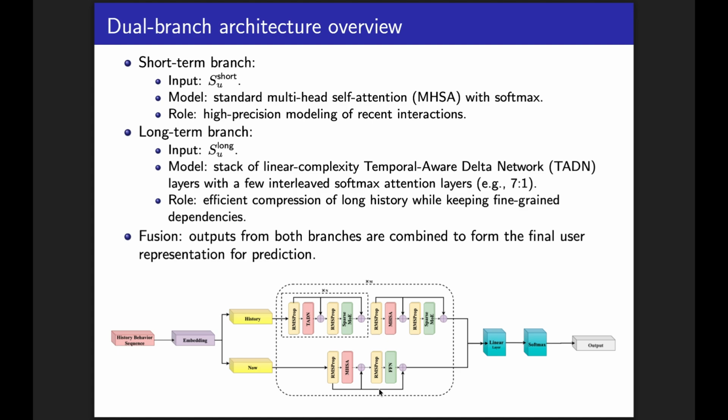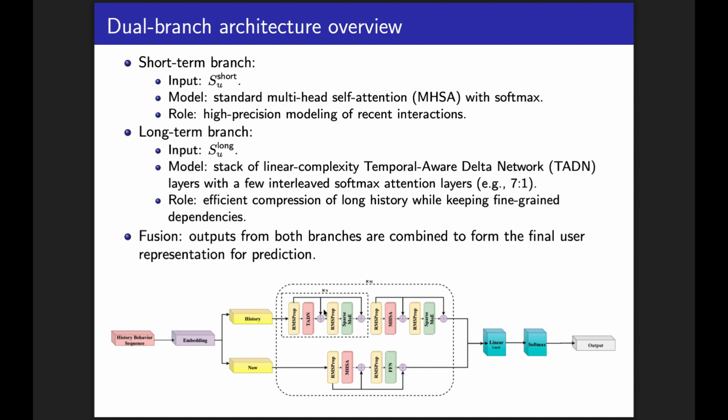And what this branch does is process all the short-term events that we saw before. Those k events per user, k interactions per user, go through this branch. That is the most precise one, meaning it has the quadratic complexity and the highest expressivity. The other branch, the one at the top, is where the paper focuses more.